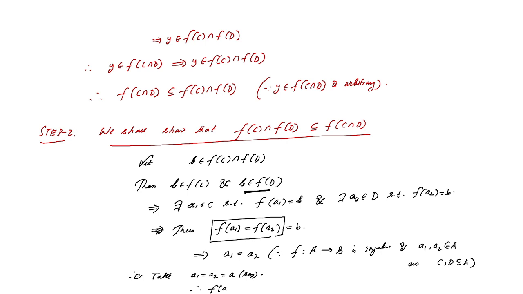So that means f(x) equals v, where x equals x1 belongs to C, so x belongs to C, as well as x belongs to D. And that implies f(x) equals v, where x belongs to C intersection D. So since x belongs to C intersection D, that implies v belongs to f(C intersection D).